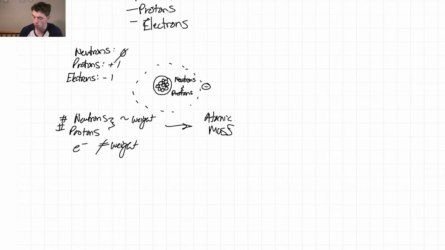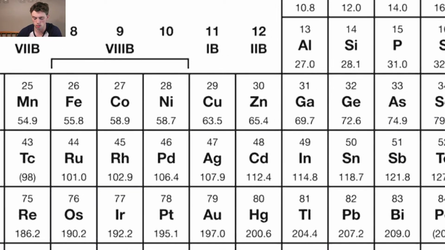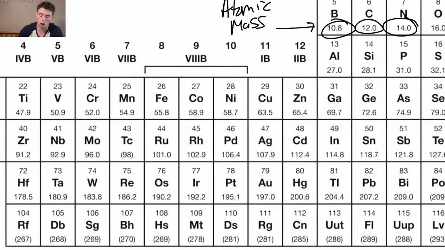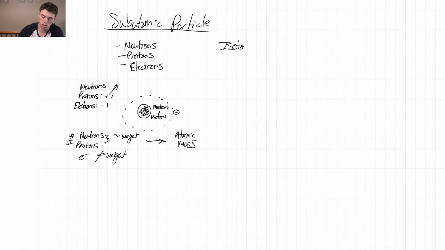Now, when you go to a periodic table like this, there's going to be numbers underneath, and these are ones that you're going to see a lot on the MCAT. These numbers right underneath are the atomic mass. And what they did is they took all of the isotopes, and isotopes, let me explain quickly, are variations of each element, basically just changing their mass.